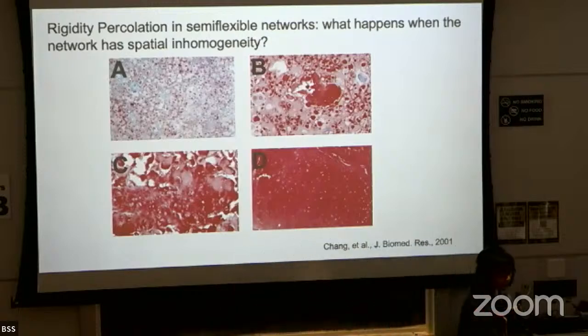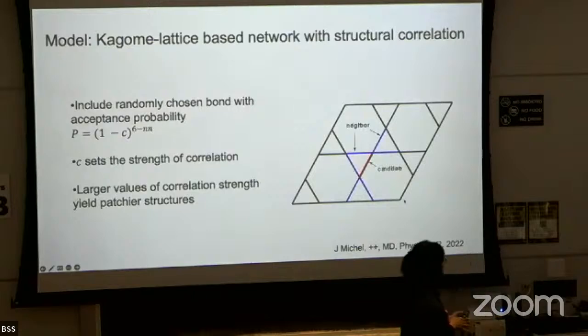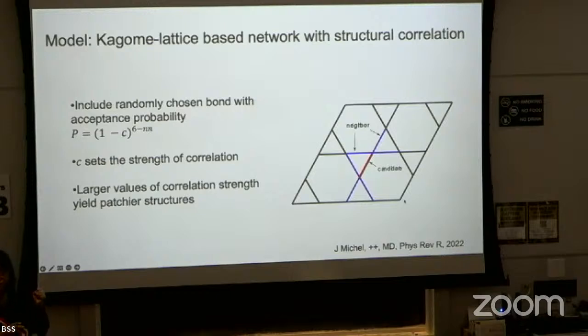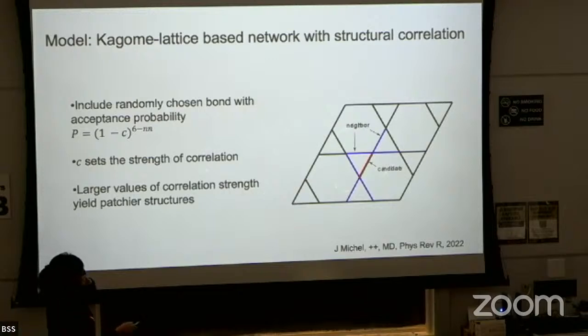So a model that we constructed, this is more recent work, is we said that, okay, we are going to construct a network that has spatial correlations or structural correlations. And the way we do it is, again, we are choosing a Kagome lattice.